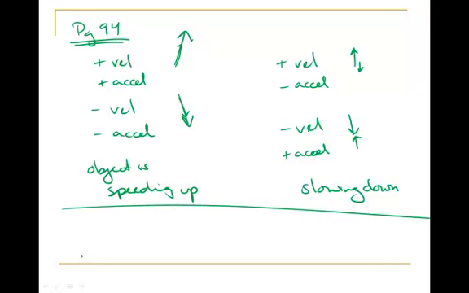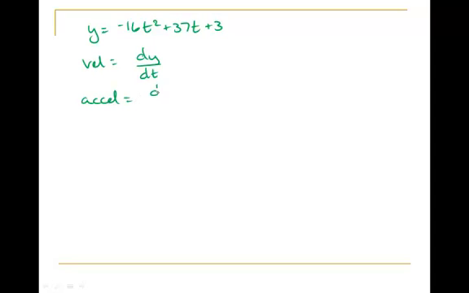I want to look at one other piece of terminology before we move on here. If my object is in terms of y equals, and I'll just use the same example I had a minute ago, 16t squared plus 37t plus 3, then my velocity, we said, was dy/dt, and then we said acceleration was taking the velocity and taking the derivative again.